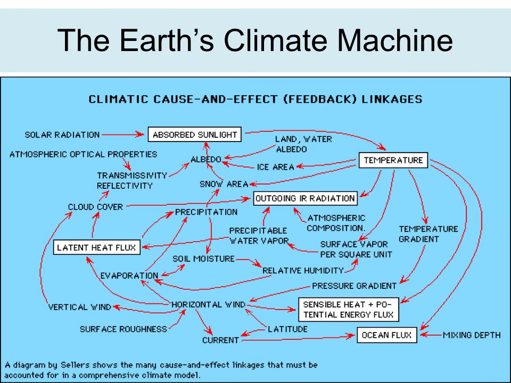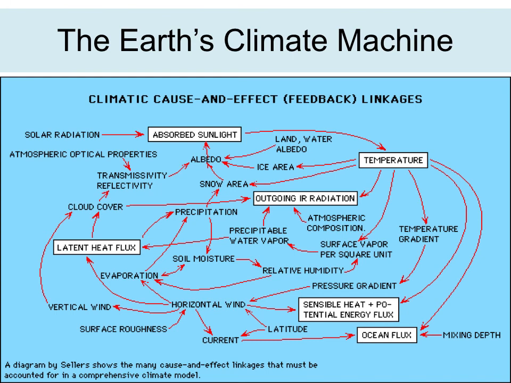It also makes changes in temperature and hence the pressure gradients, and it also releases outgoing infrared radiation, further assisted by cloud coverage, and increases the release of surface vapors per square unit, and thus precipitation of water vapor also.